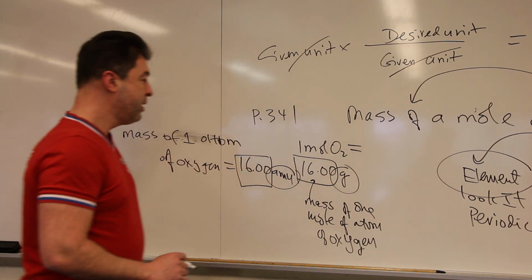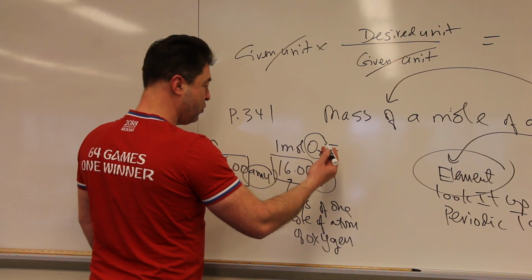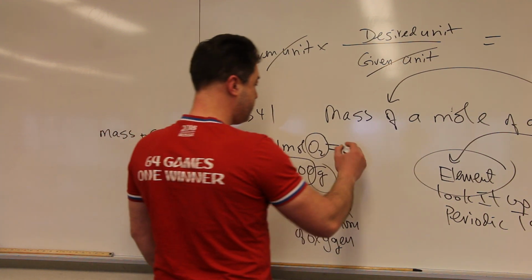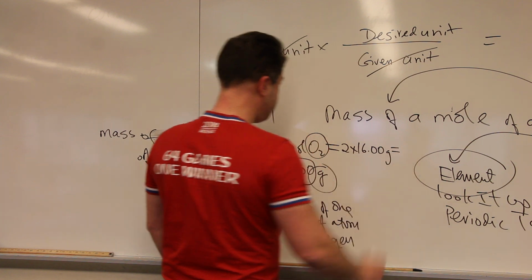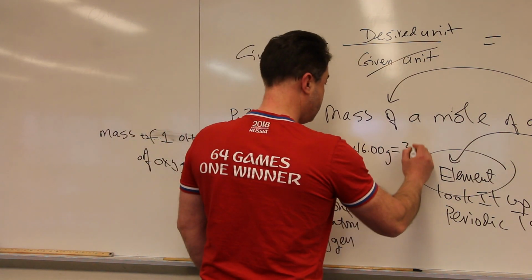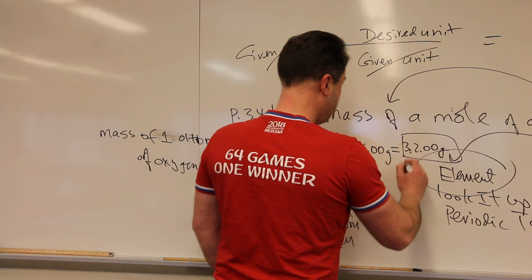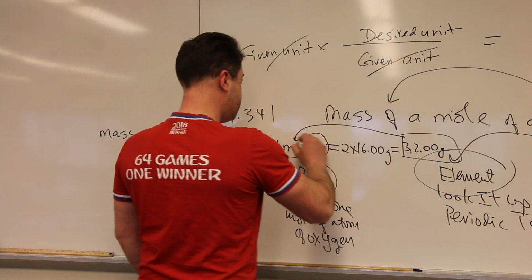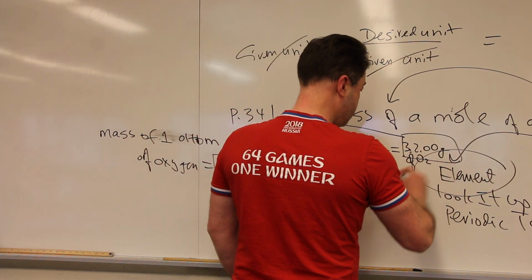Okay, now, but as you can see, this is not an atom, this is a molecule. So therefore, you have to say 2 times 16.00 grams will give you the mass of 1 mole of oxygen, which will be, of course, 32.00 grams. And that will be 1 mole of O2.